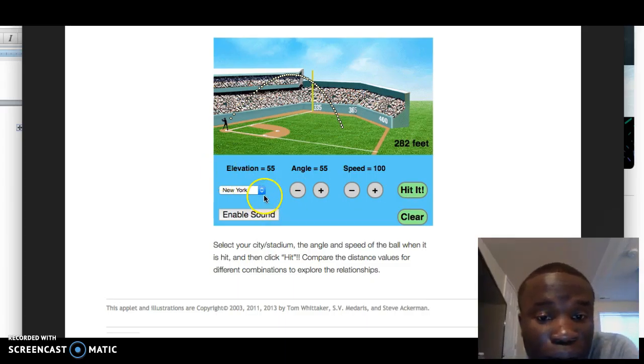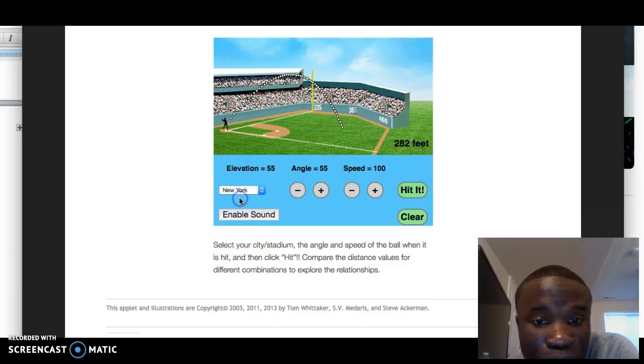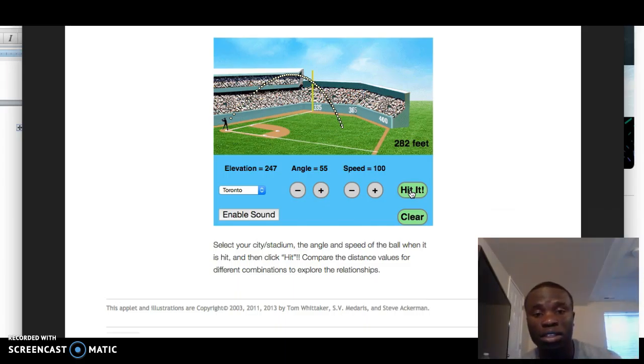But now, what if the elevation is Toronto, which is 247, with the same angle? What happens? If you play in Toronto and in New York, the two don't have the same elevation, but we get the same distance.